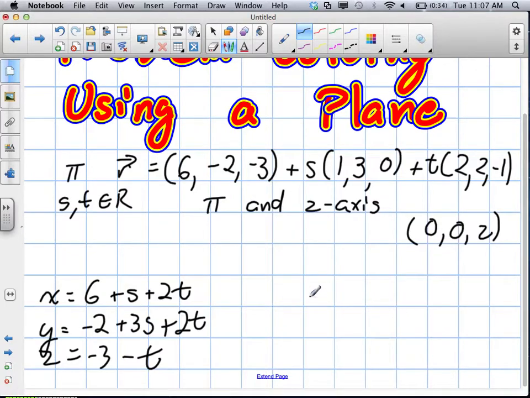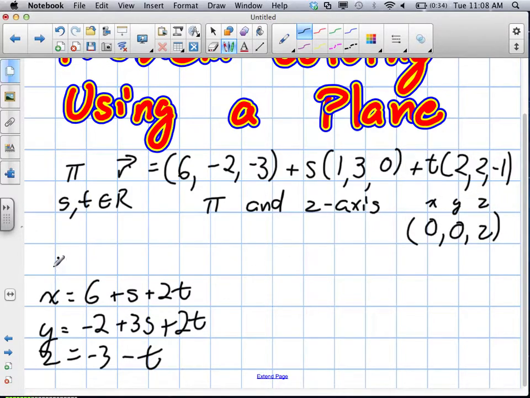Now, in the other question, we did turn our parametric form into something else. Does anyone remember? We turned it into symmetric form. But there are no symmetric forms for planes. So we're going to have to work through it in parametric form. Our z-axis has coordinates of x, y, and some form of z. We don't know exactly what it is.